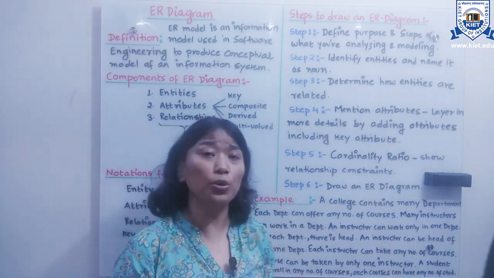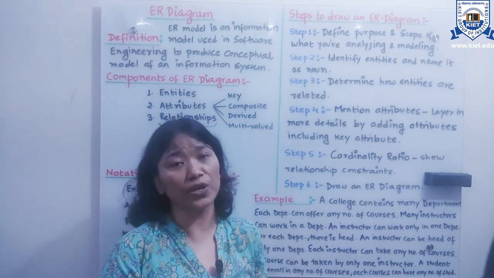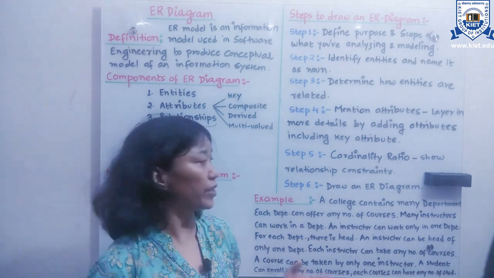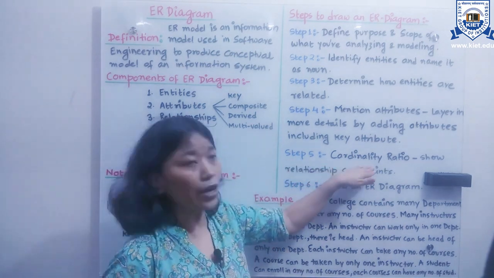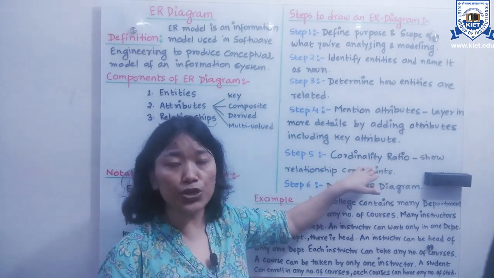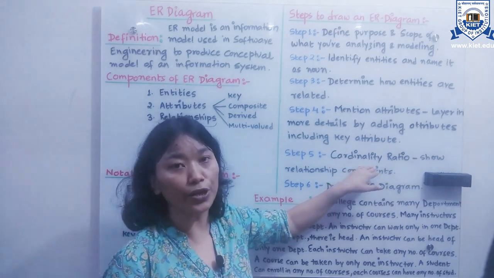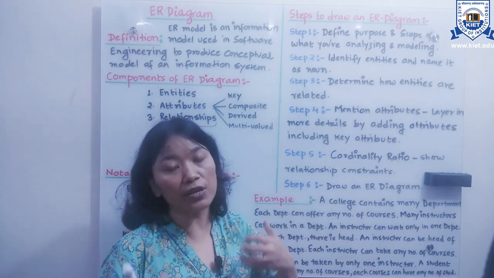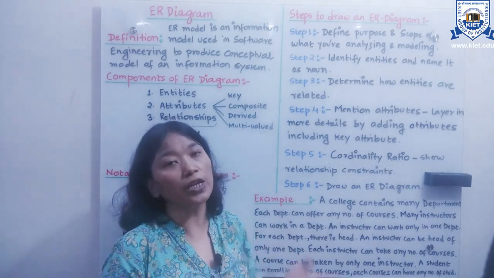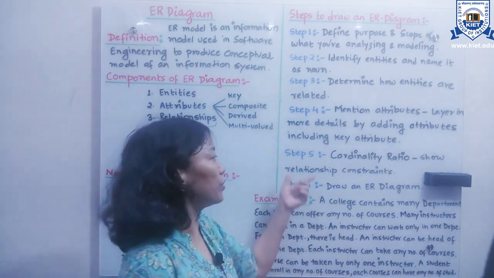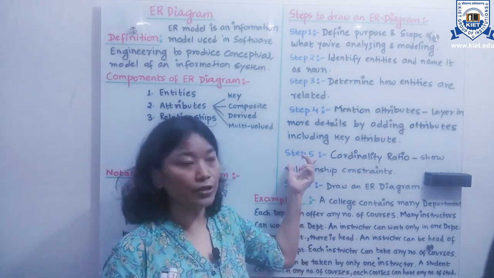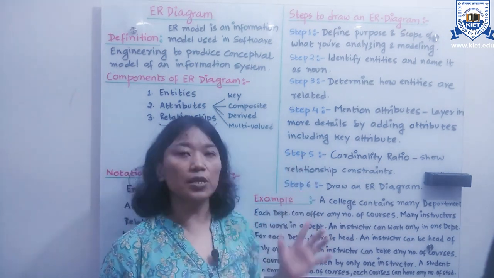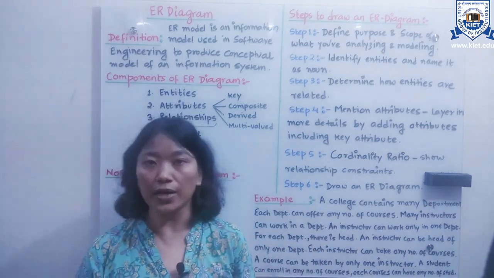So it would be good to be very specific about the properties of entities. Step 5: I need to find out the relationship ratio, constraints, the cardinality ratio. What is the ratio of participation of an entity in any relationship? So in step 5 we need to find out the cardinality ratio. And step 6, simply, I need to draw the ER diagram.